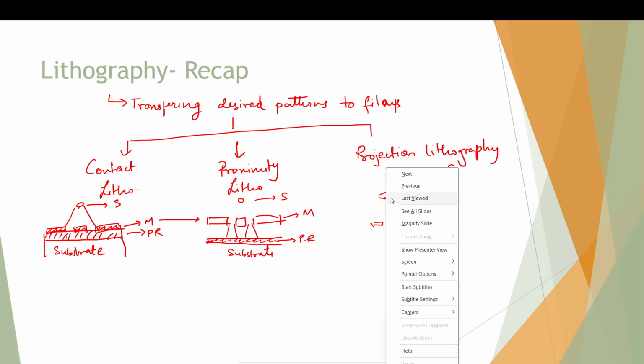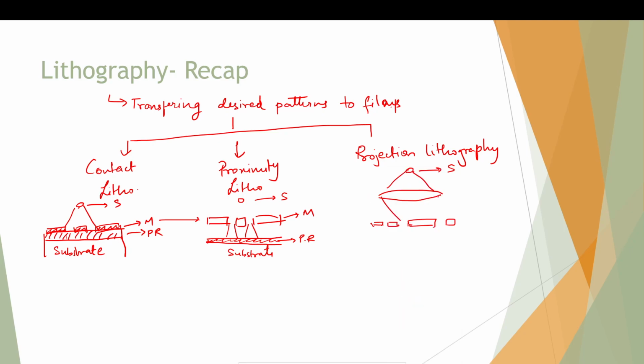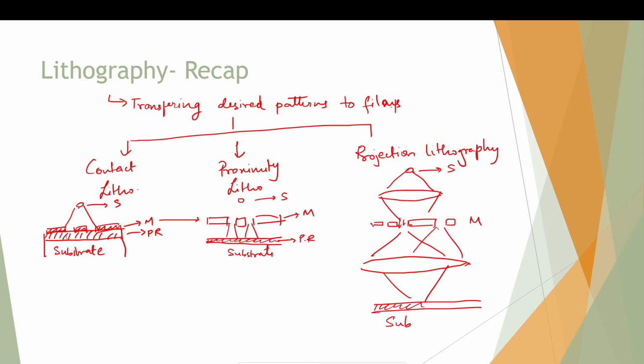Then the lens will make sure that the pattern gets focused at the mask, and then after light is coming to the mask, it will diffract again here, like from everywhere. So then this diffracted pattern will again be captured by another lens, and then that will be focused on our photoresist, PR. So that is broadly the three techniques.